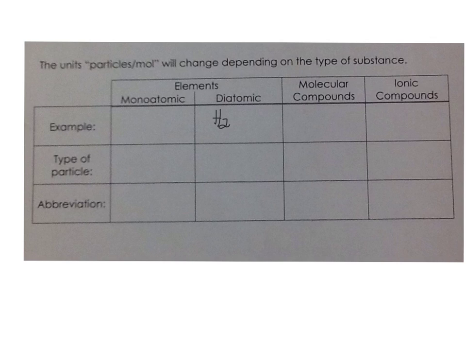Sulfur. Any metal would have done, most nonmetals. Okay, so if you are a monoatomic element, your type of particle is atom. If you are a diatomic element, your particle is molecule.